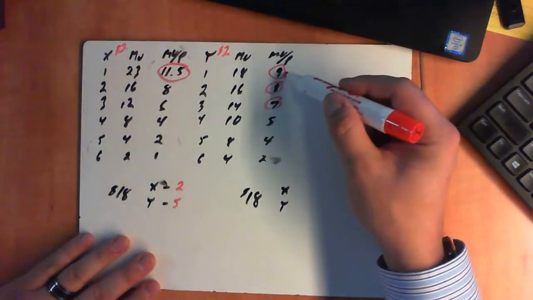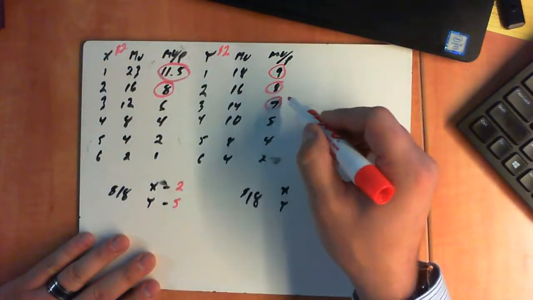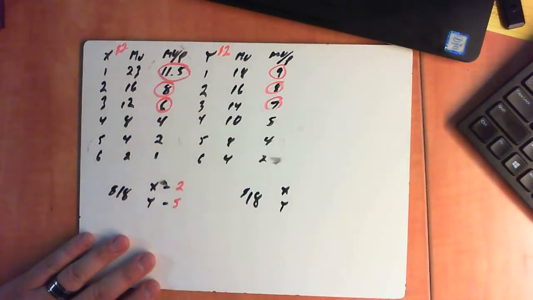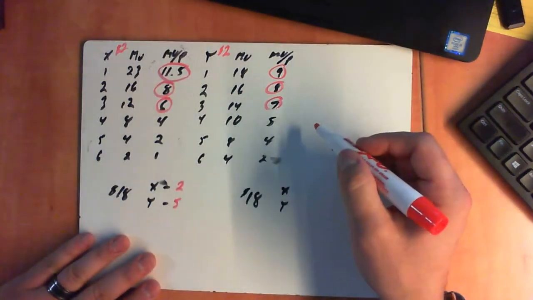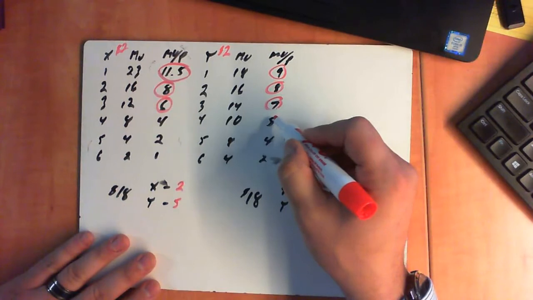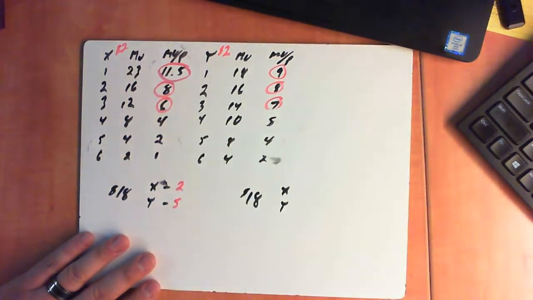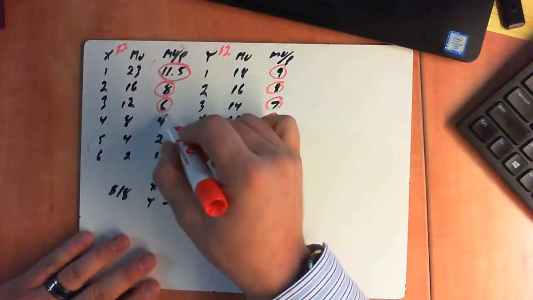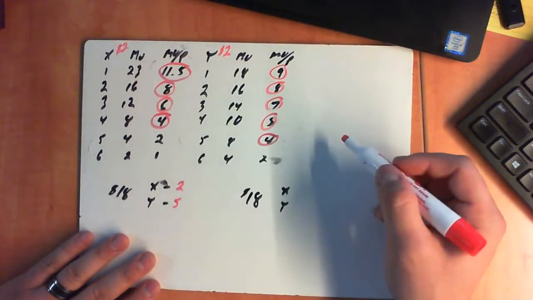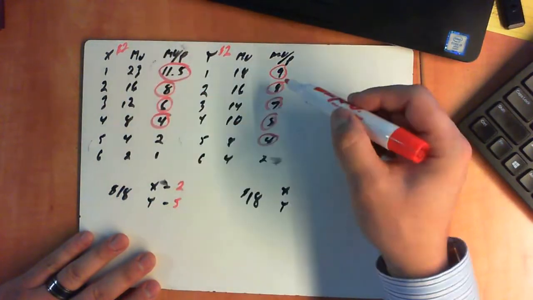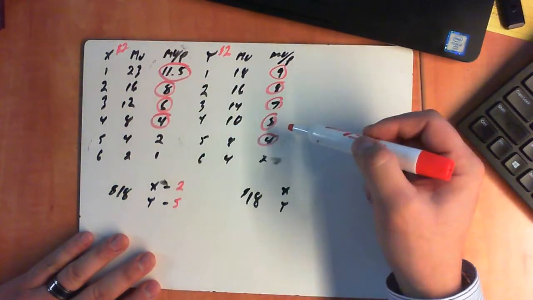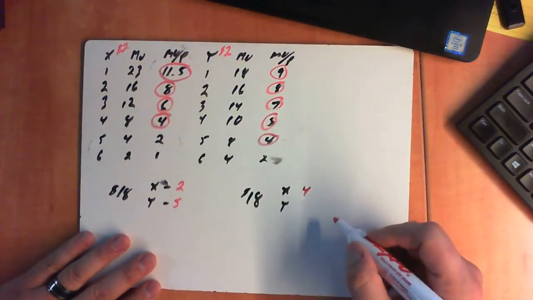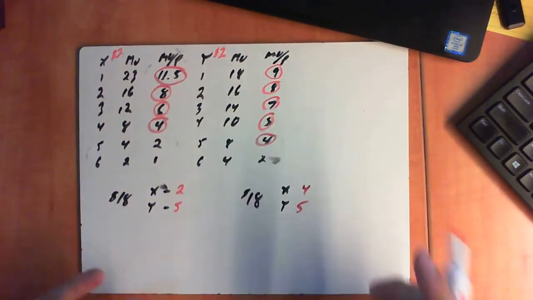We purchased this at $9, 8 and 8, 7, 6, 5, and then 4 and 4. That is 1, 2, 3, 4, 5, 6, 7, 8, 9 units at $2 a piece, which is $18. So now we purchase 4 units of X and still 5 units of Y.